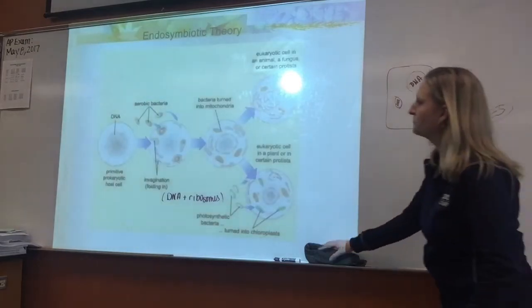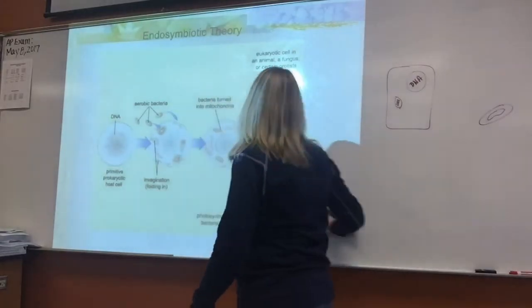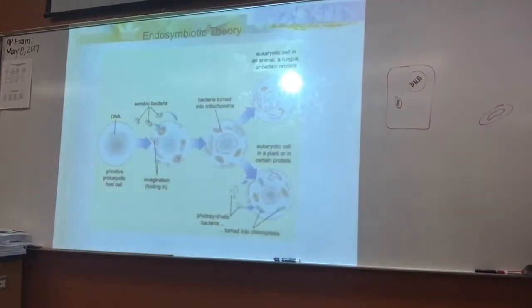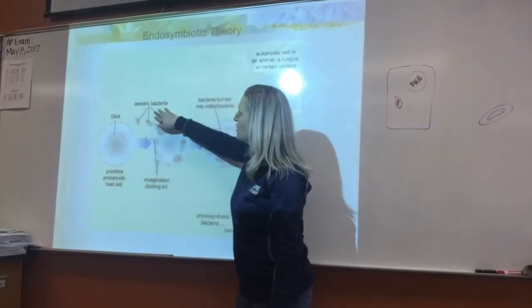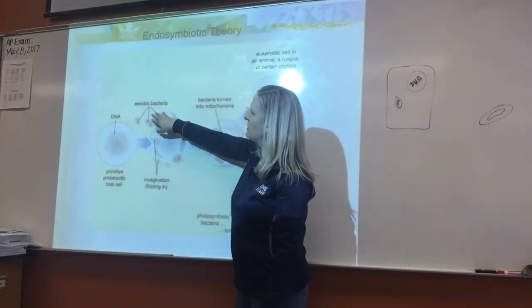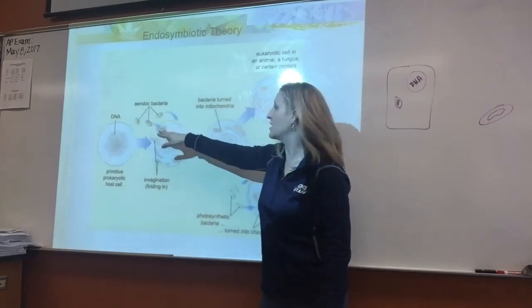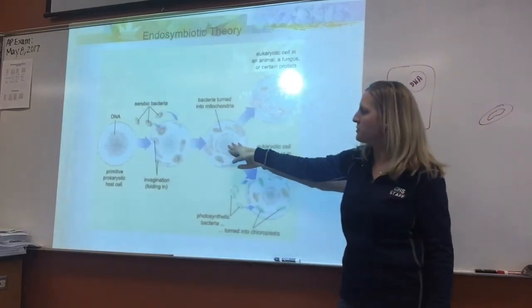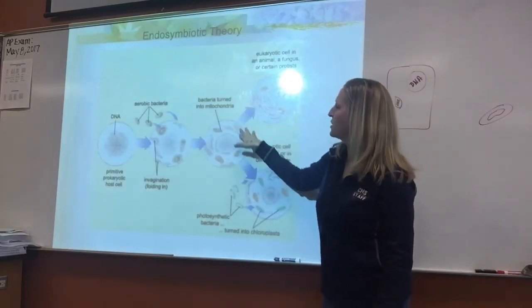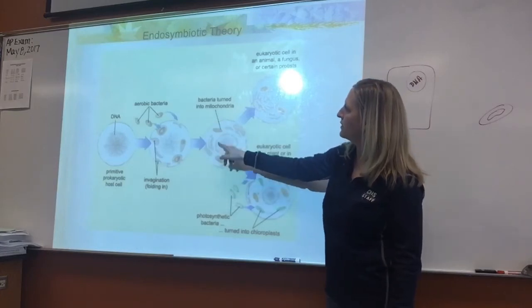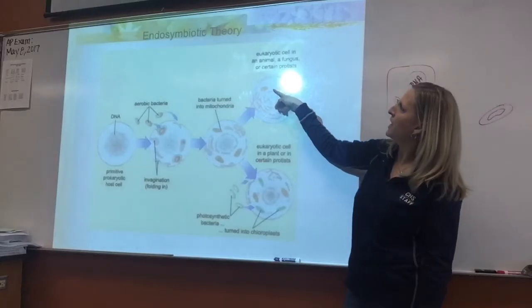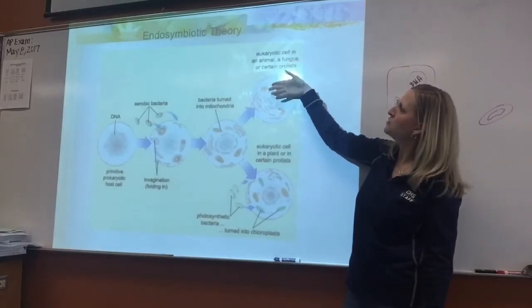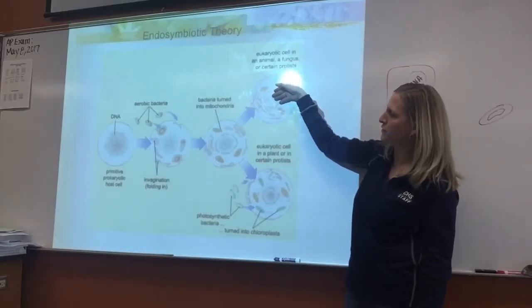And so this is just a review picture that we've talked about before. Here's your prokaryotic cell. Here's your aerobic bacteria, aerobic meaning it can use oxygen to do cellular respiration, and it is engulfed by endocytosis, and so then you have it being assimilated into the cell, and we get our animal cells and eukaryotic cells that do not do photosynthesis.